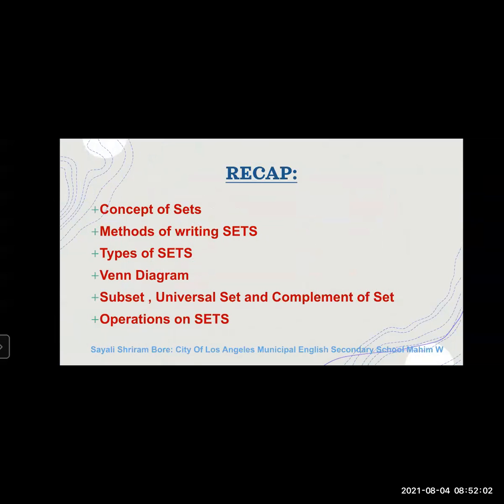Okay, and in this word problem you need to use everything you have learned till now: intersection, union, Venn diagram. Everything you are going to use in this word problem. And definitely one formula is there, that also we are going to see, which formula will be applicable for finding the number of elements in a particular set.